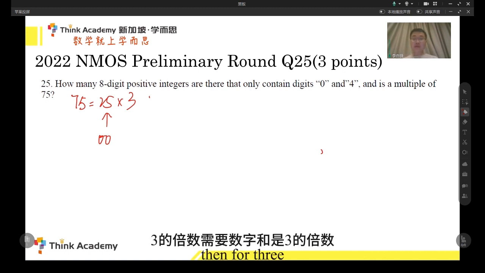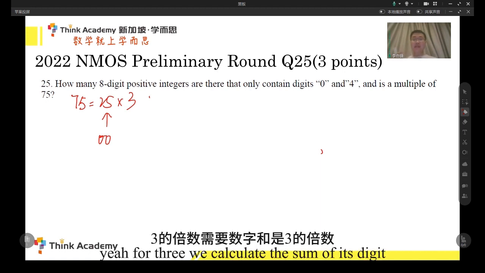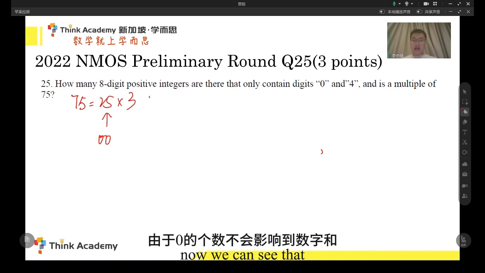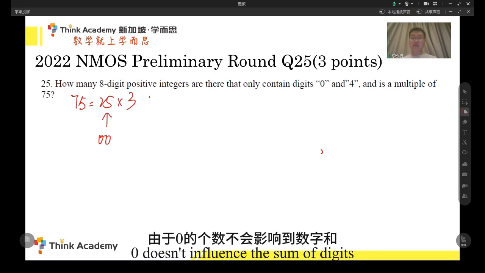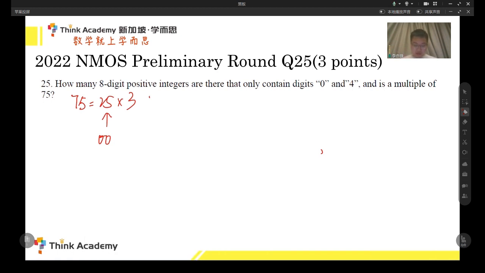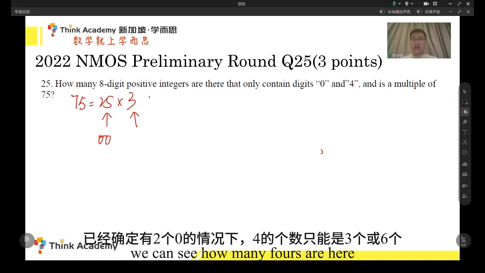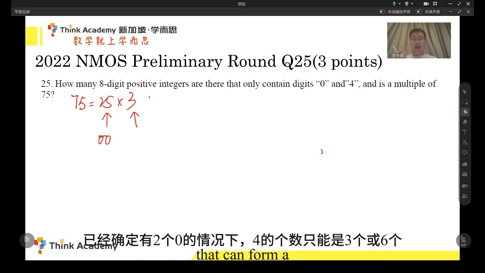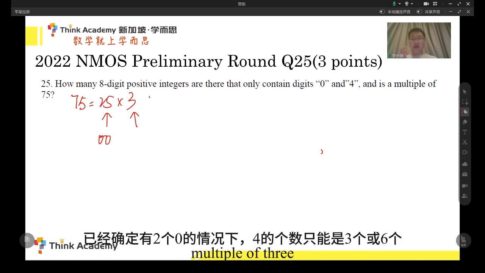Then for 3, we calculate the sum of its digits. The sum of its digits must be a multiple of 3. Now we can see that 0 doesn't influence the sum of digits, so look at 4. There are 8 digits, and the last 2 of them are 0. Then we see how many 4s can form a multiple of 3.